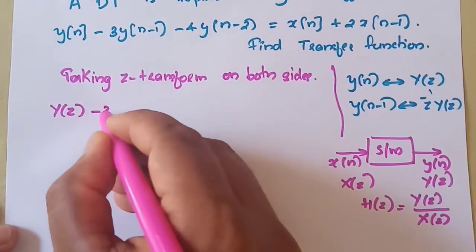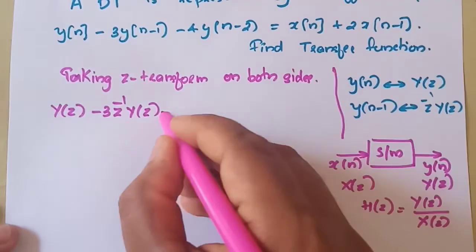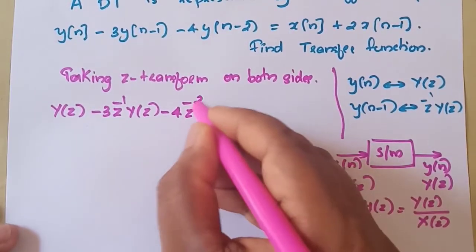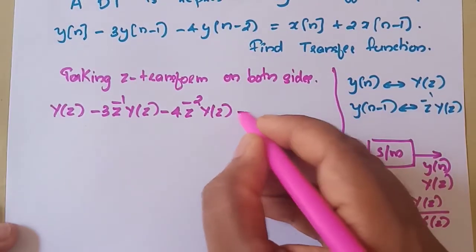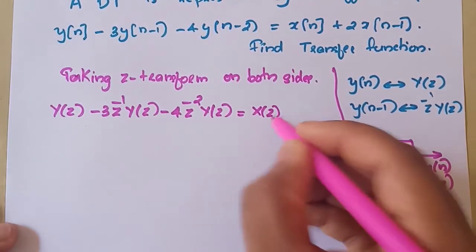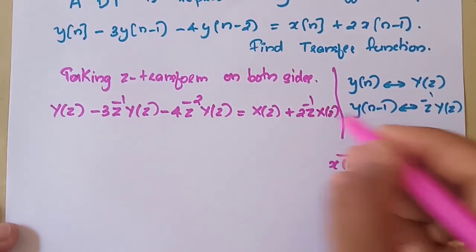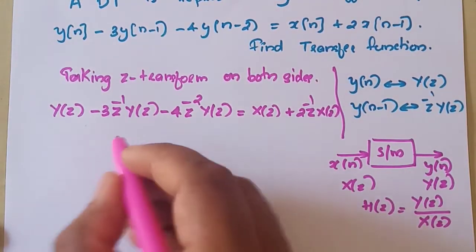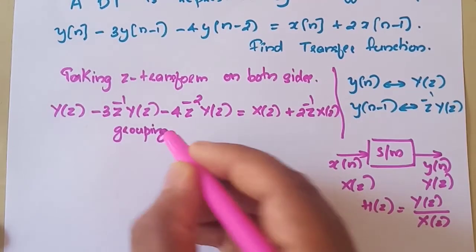Y of n becomes capital Y of Z minus 3 Z inverse Y of Z minus 4 into Z raised to minus 2 Y of Z, equals x of n Z transform, capital X of Z, plus 2 into Z raised to minus 1 X of Z. We need to group the Y of Z term.